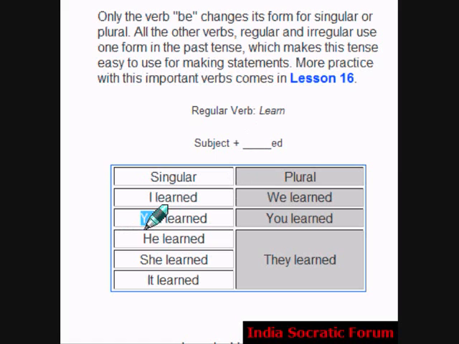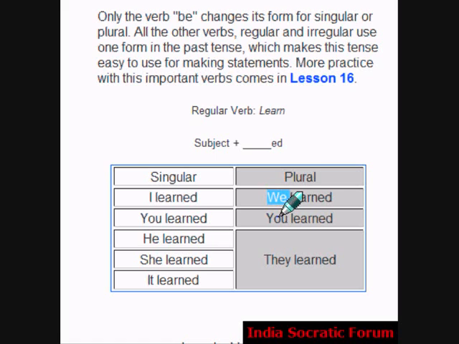Singular form of you is the subject. Learn is the verb. When you add ed, it becomes past tense. Okay. You learned. He learned. She learned. It learned.